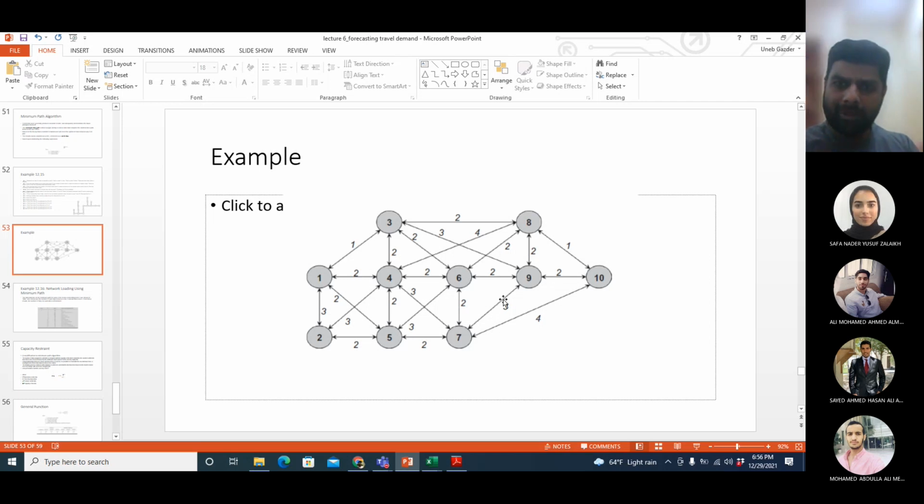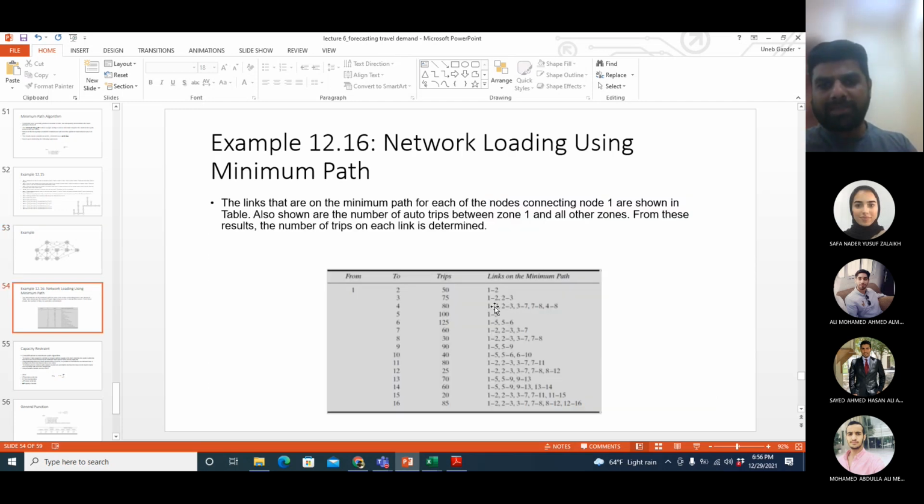Okay, so number of trips on each link will be the summation of all the people who are using that link. Okay, so if I come here, you can see 1 to 2. People who go from 1 to 2 will use the link 1 to 2. People who are going from 1 to 3 will also use 1 to 2. People who are going from 1 to 4 will also use 1 to 2.